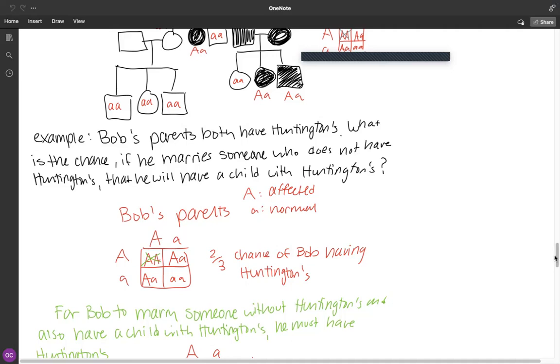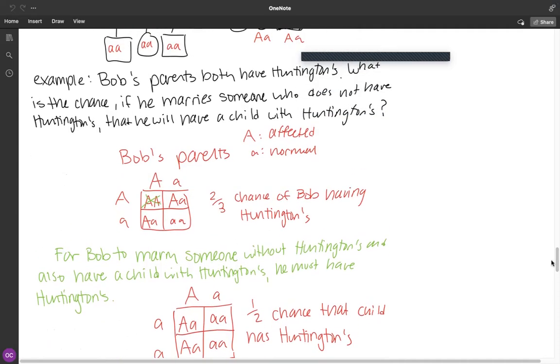So I've drawn a Punnett square here for both of Bob's parents. Again, both heterozygous, and I crossed out the homozygous dominant square because there will be no live birth. And we know Bob is clearly alive and walking around. So there's a 2/3 chance of Bob having Huntington's.